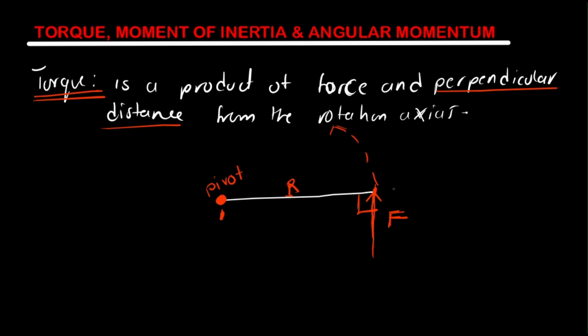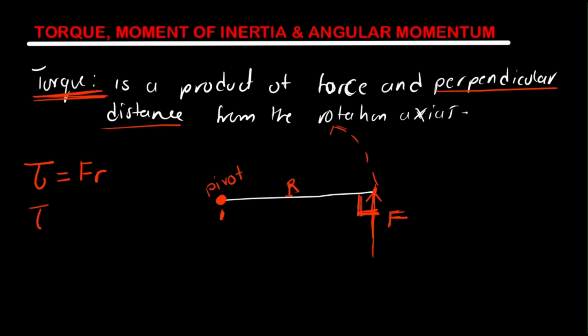And what you need to understand is that every time the force applied here is supposed to be perpendicular. If the force is perpendicular, the formula that we use when calculating the torque is: torque, represented by this symbol, is equal to force times radius.